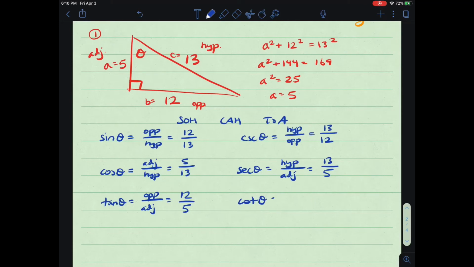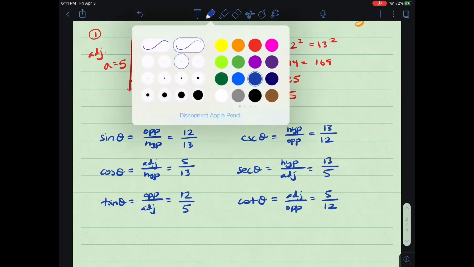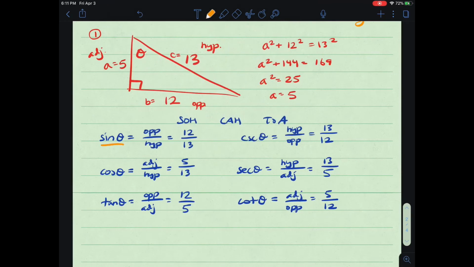And then lastly, we have cotangent of theta, which we define as adjacent over opposite, which is just 5 over 12. Now, hopefully you noticed something, right? When we found these three trig functions on the right, hopefully you were able to notice that sine of theta, which was 12 over 13, if you look at what cosecant of theta is, it's just the reciprocal, right?